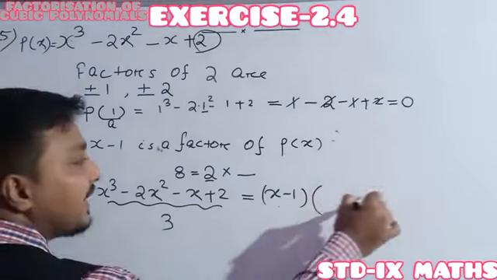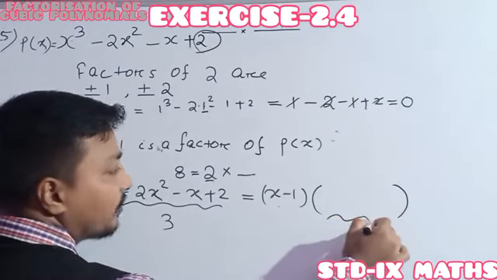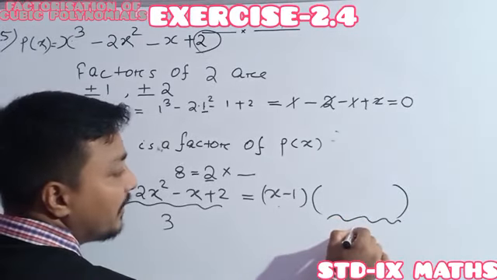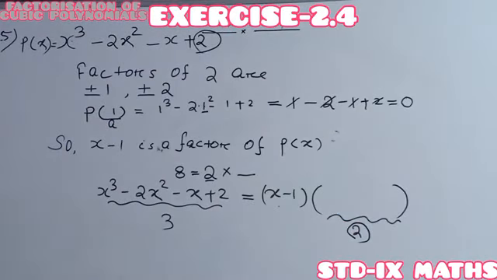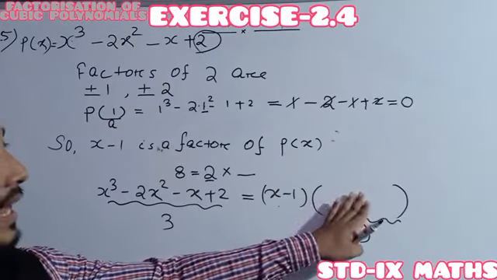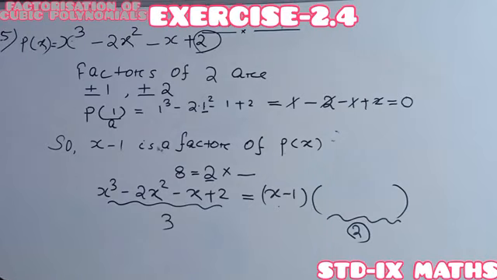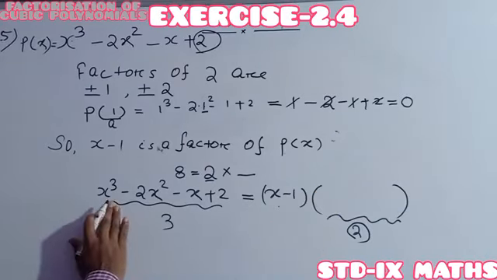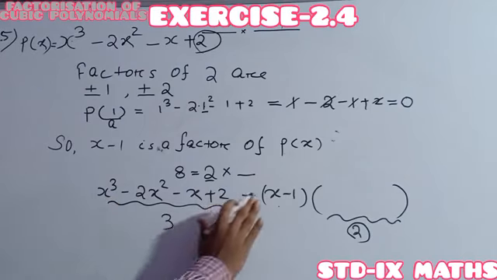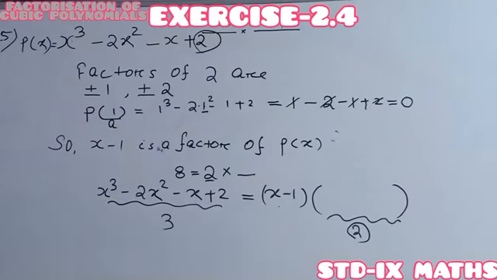So by dividing, you can definitely find the other factor, which will be quadratic, with degree 2. Understood or not understood? To get the other quadratic factor, this polynomial must be divided by x minus 1. Perfectly understood.